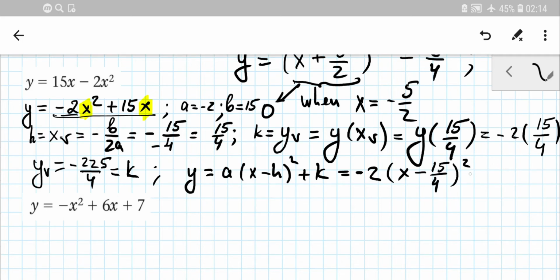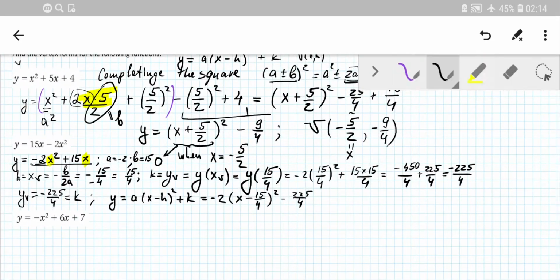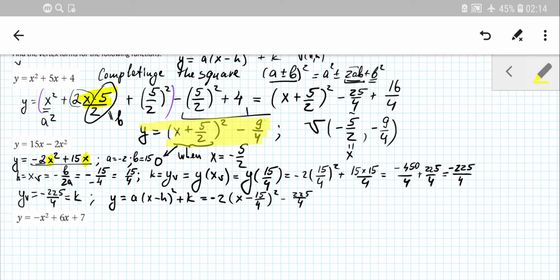And then we add k, and k is negative 225 over 4. That's the vertex form, okay? We've got those two answers. So that's the first one, and this is the second one, the final answer.